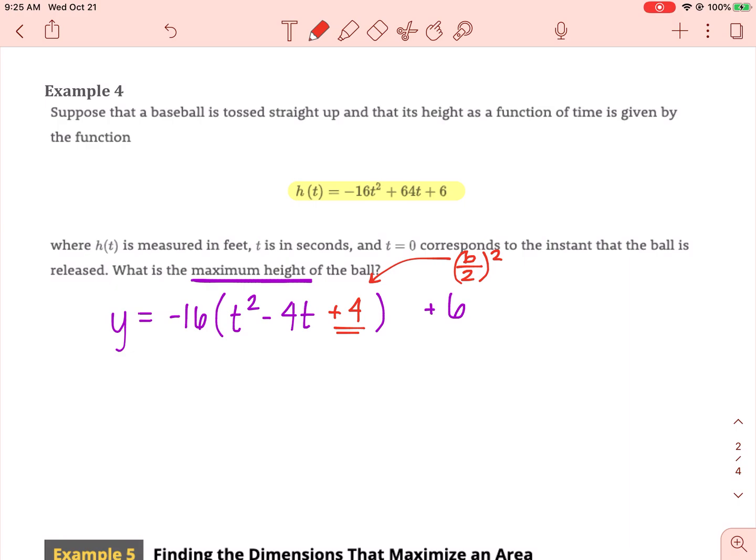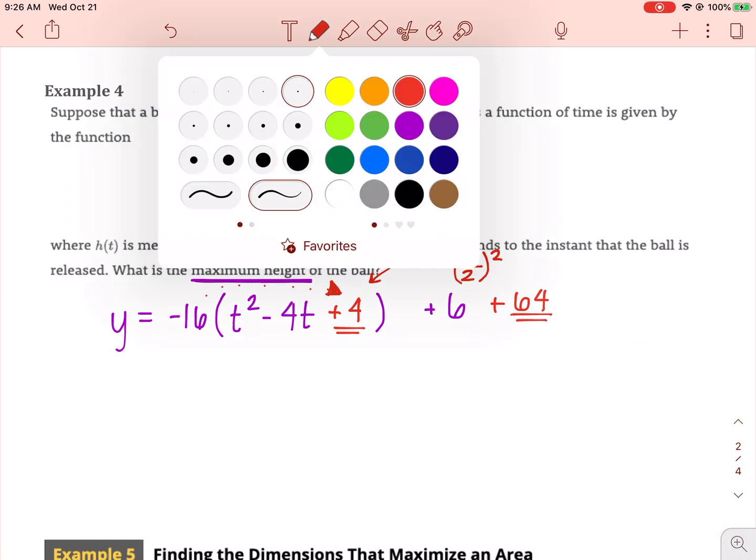And remember, you can't just add a number to one side and think that it's even. You have to remember that instead of just adding 4, you really have 4 with a factor of negative 16. So I really subtracted 64. Undo a subtraction of 64 means add 64. All these fun rules coming back at us.